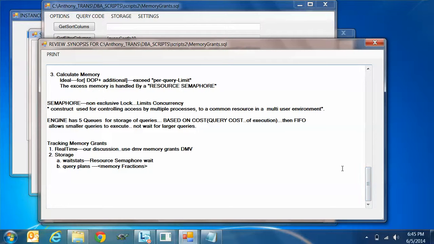Within SQL Server, there are multiple ways of tracking memory grants and the resource semaphores that were utilized. Our discussion will be using the DMVs, the memory grant DMV, in real time. So we can capture information in real time from the DMV and review that.